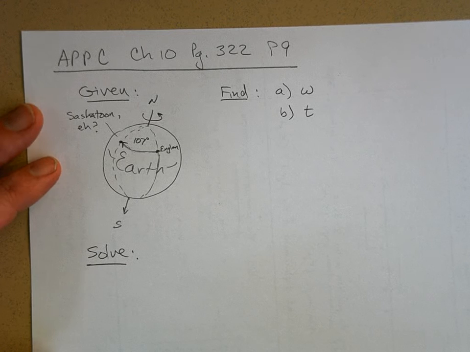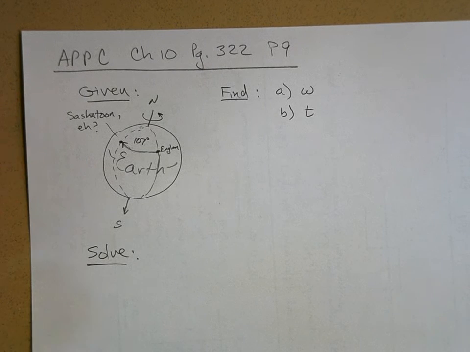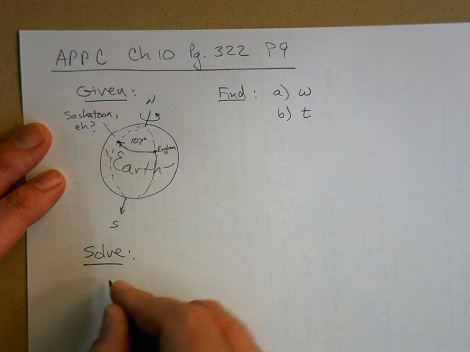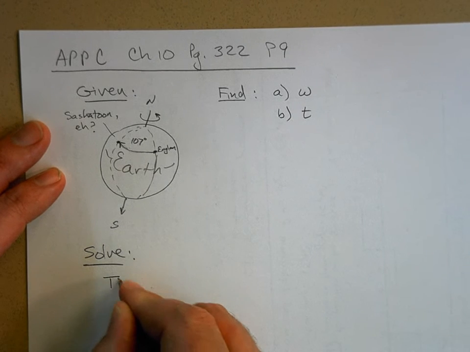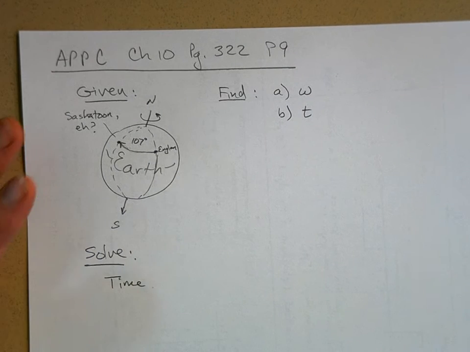Now here's the thing. I'm gonna get real here in terms of the Earth's rotation. How much time does it take to rotate once? It's not 24 hours, people. 24 hours is how long it takes the Earth to rotate once and have the sun be in the same place in the sky.